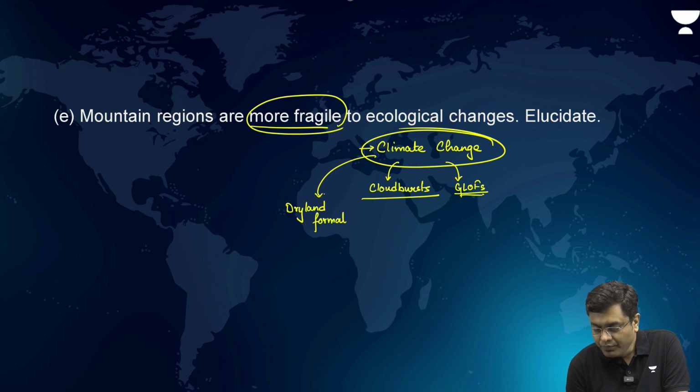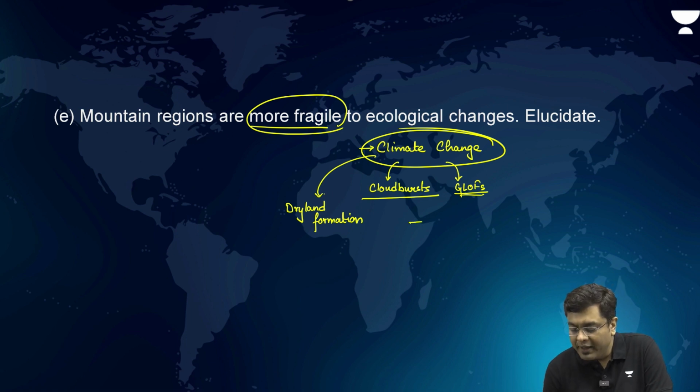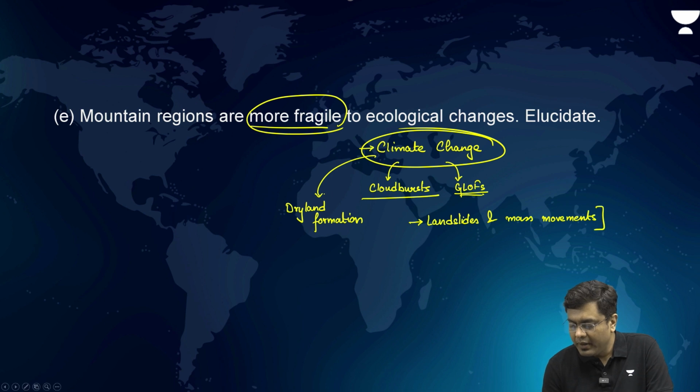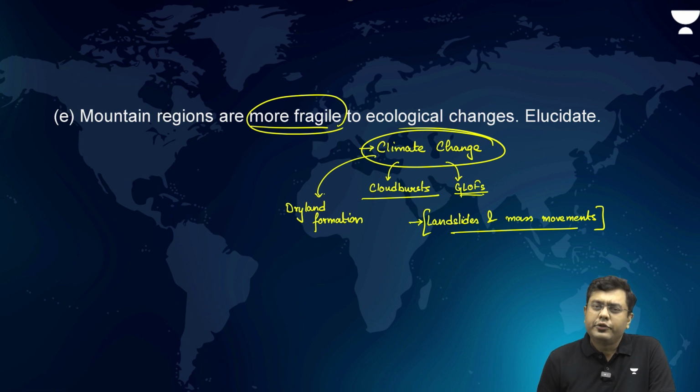Then you have increased consequences in the form of landslides and mass movement, like debris fall, flows, earth flow, mud flow, etc. Movements, they become a commonality and a common factor, right? So, all these make the mountainous regions significantly prone to these changes.